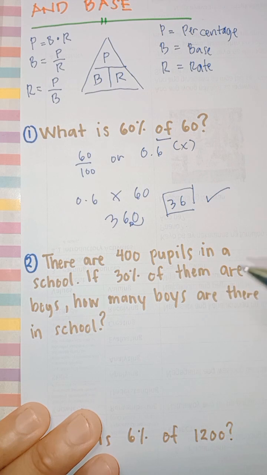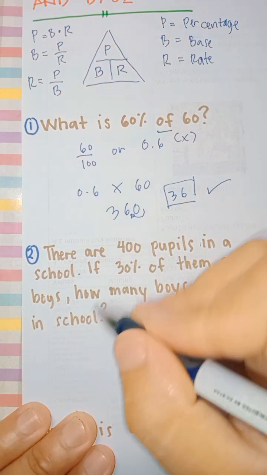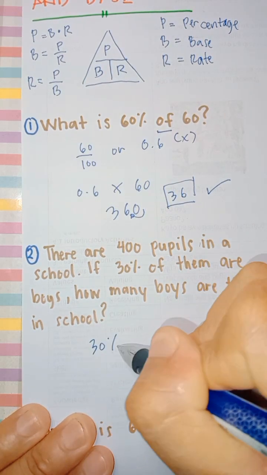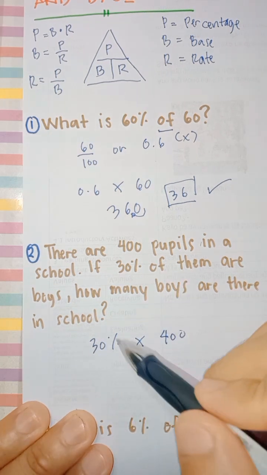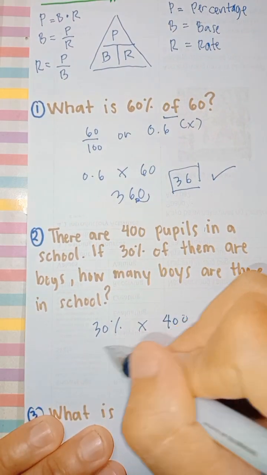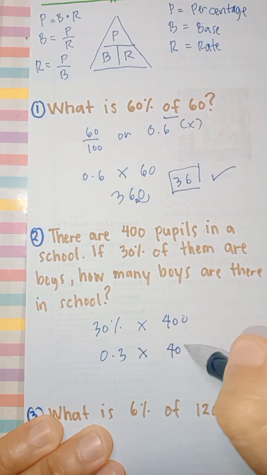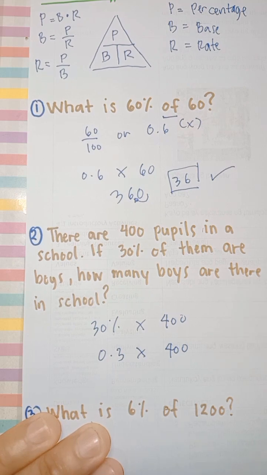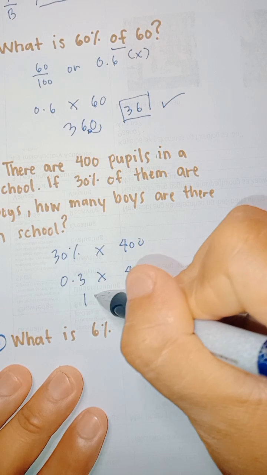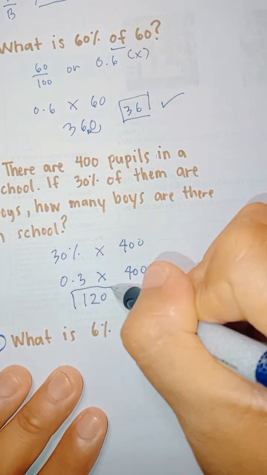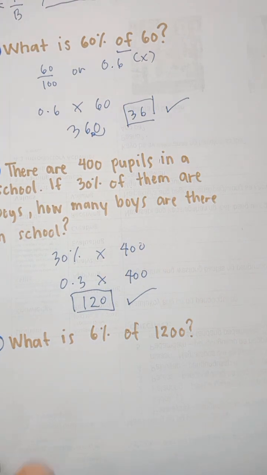The base is 400 and the rate is 30%, so 30% times 400. Let's convert this percentage into decimal. 30% is 0.3 times 400. Now 0.3 times 400 is just 120. So there are 120 boys in school.